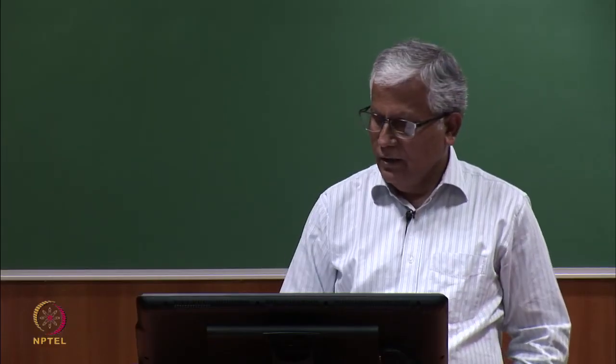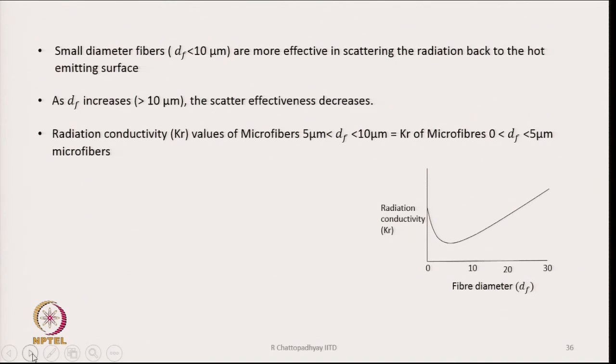Now, this is what has been shown by some researcher, fiber diameter versus radiation conductivity. It has been plotted and shown that in this range, from here to there, with increase in diameter the radiation conductivity is increasing. So, larger diameter means more loss, less insulation.